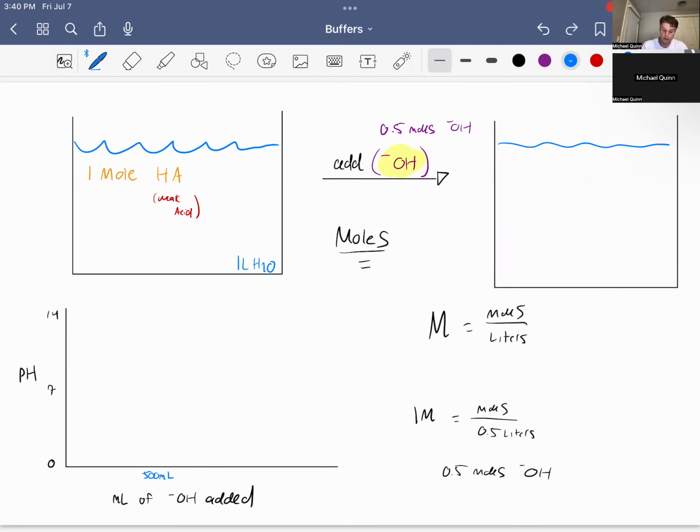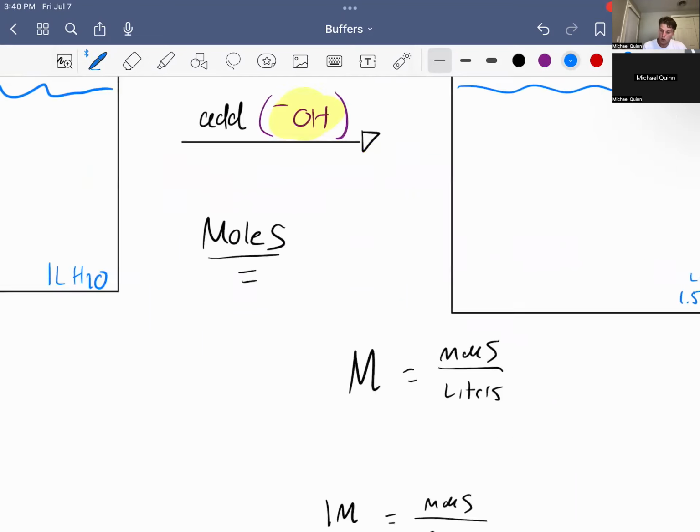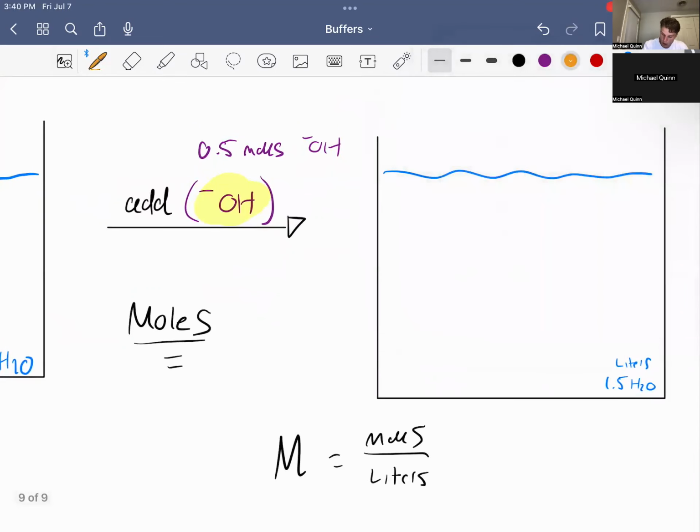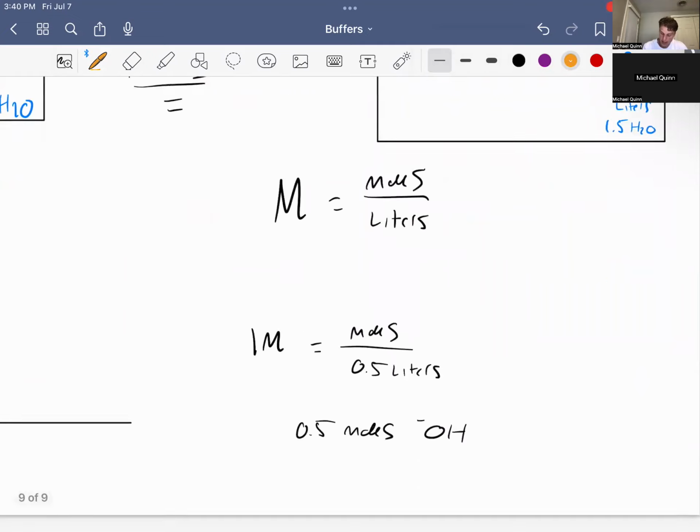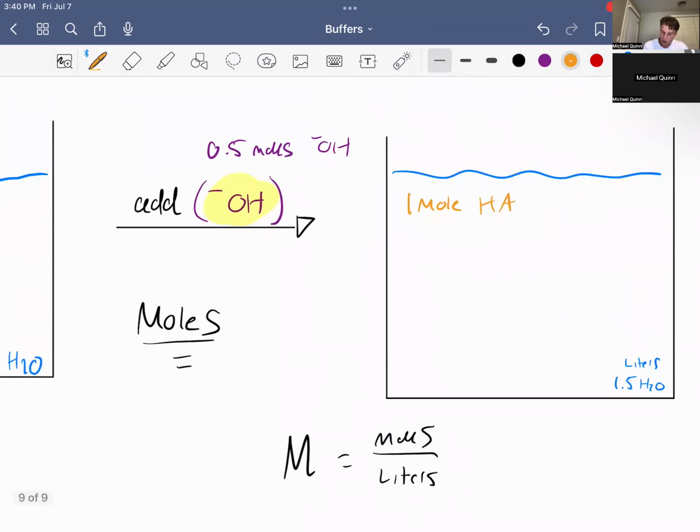So now we know we have 1,500 milliliters, or 1.5 liters. So we have 1.5 liters of H2O, and we know we have 1 mole of HA, and we said that we added 0.5 moles of OH minus.